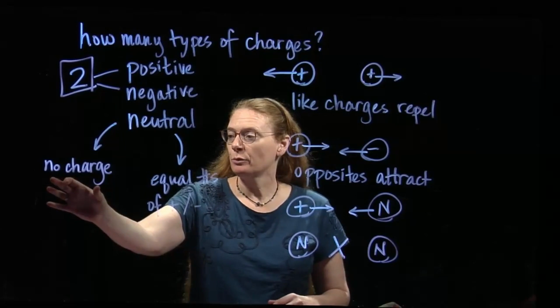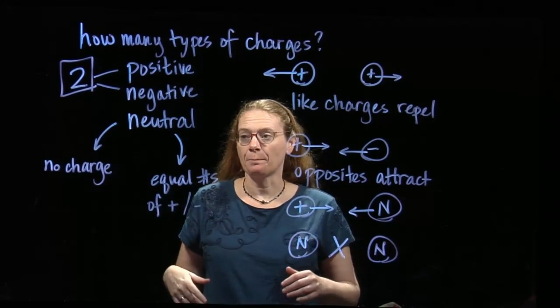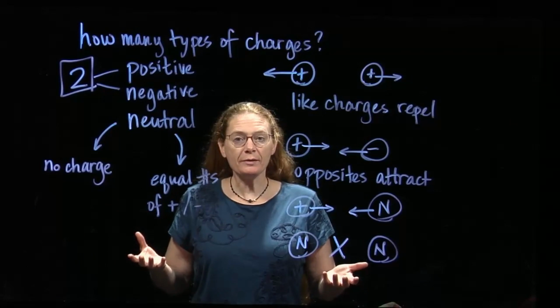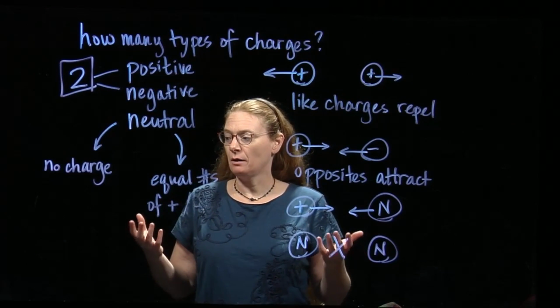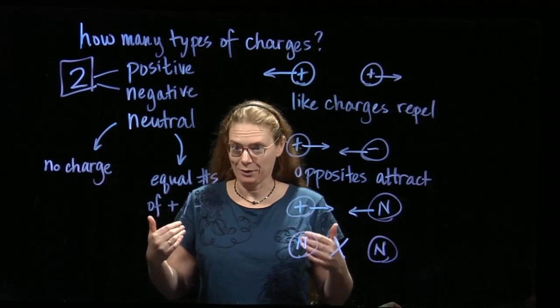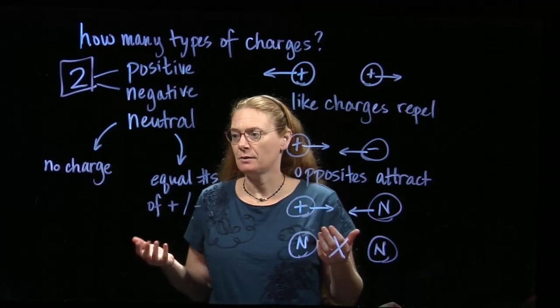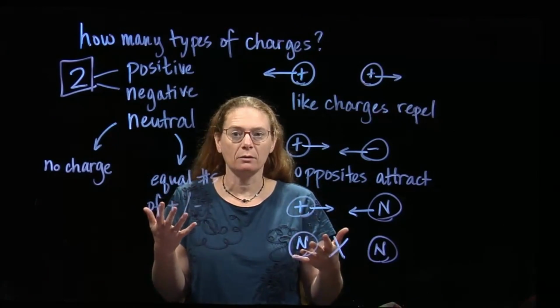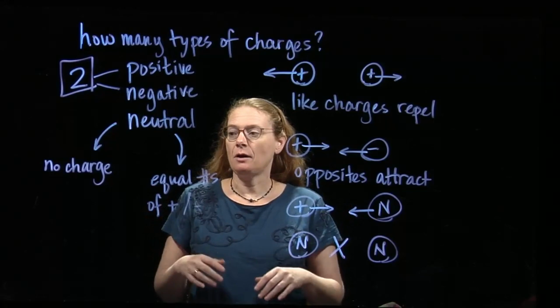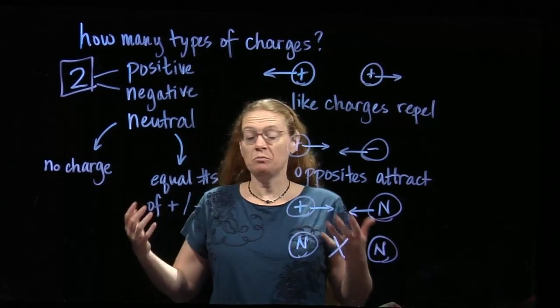Can we have neutral be something with no charge whatsoever? Well, what would be a situation where there is something with no charge whatsoever? The only place we're going to encounter that is a place where there's no matter. There is nothing there. So a complete vacuum or space.